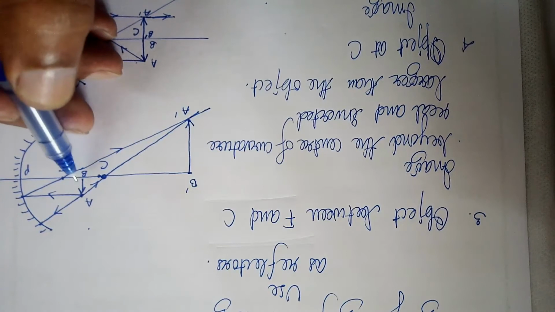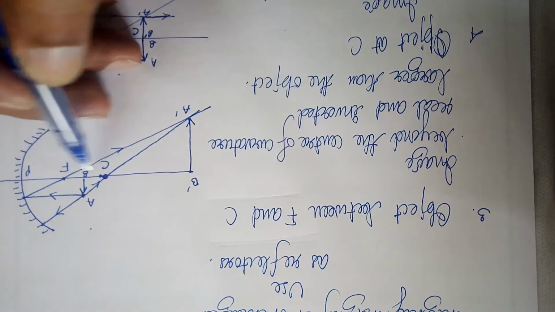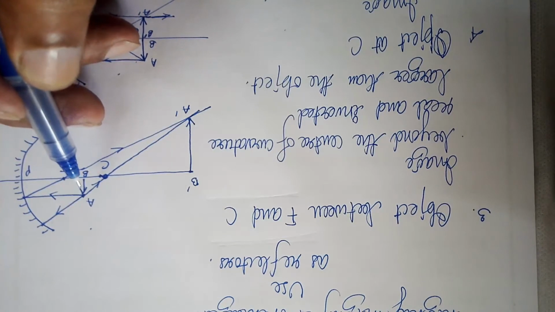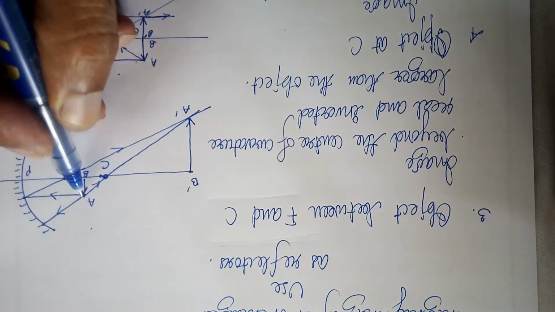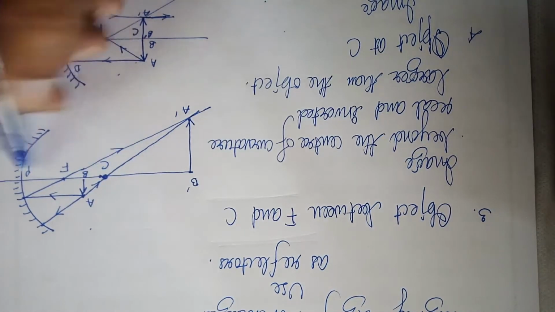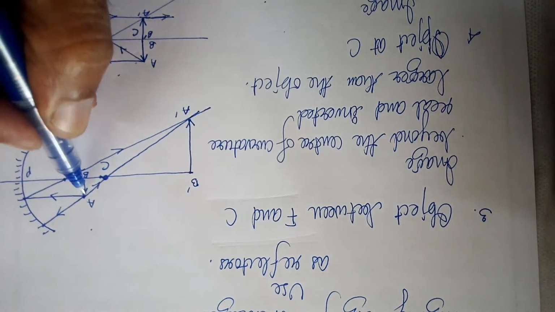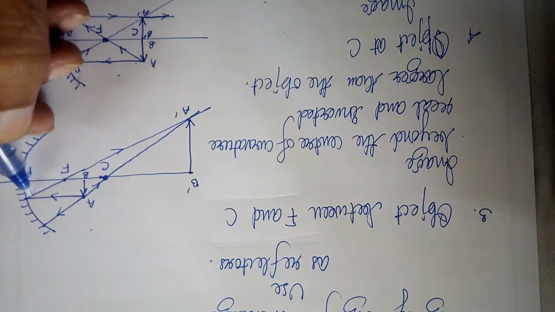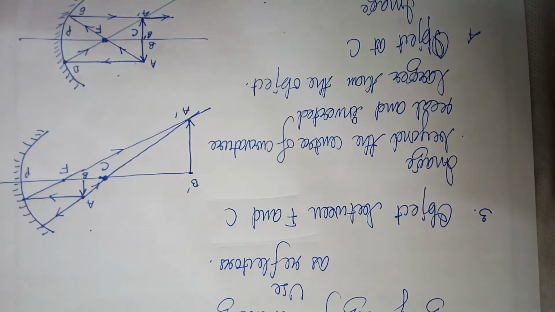So when an object is placed between the center of curvature and the focus, a ray of light passing parallel to the axis of this concave mirror will hit at this point and reflect and pass through the focus of this concave mirror.